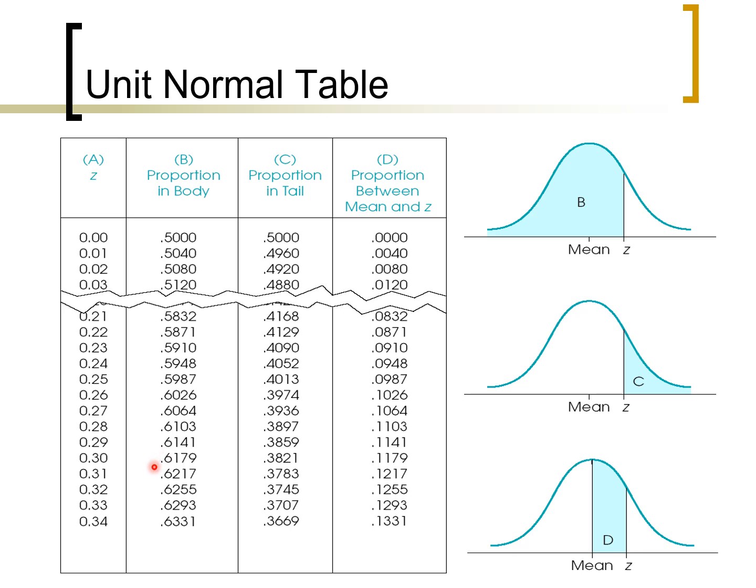You're going to have more than 50% in the body, the bigger part. And then we see that 0.38 are in the tail. And of course, if you add these two up, 0.62, 0.38, you get the whole distribution. It's just dividing the distribution in unequal halves. Then we also have this proportion between mean and z.